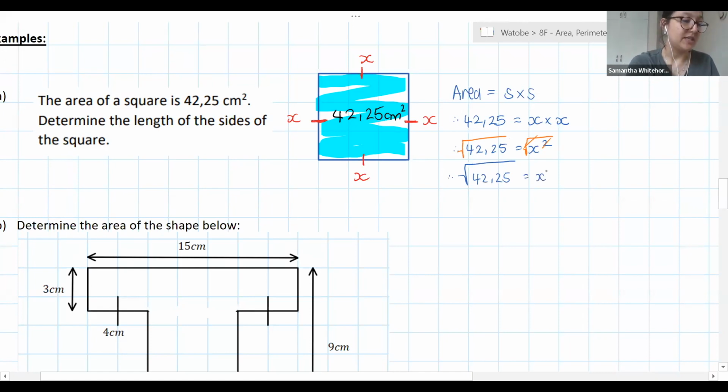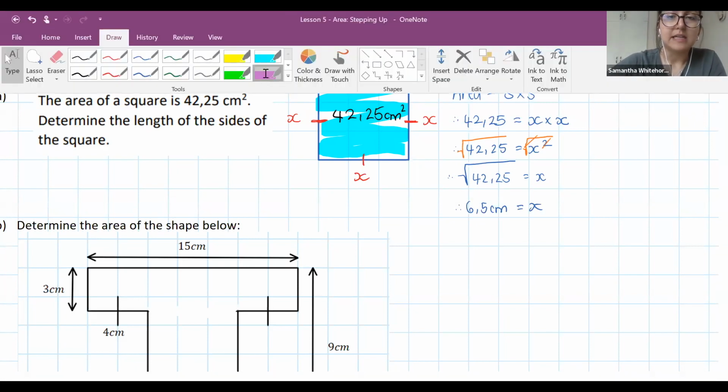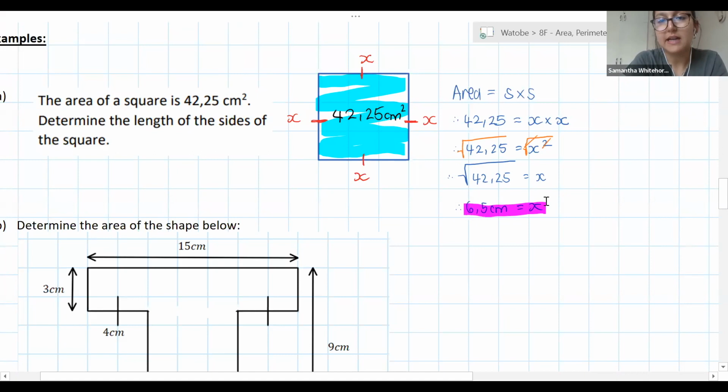So it's going to give me the side length. Now, if I square root 42,25, I get an answer of 6,5 centimeters. And so what this answer is saying to me is that each of these four sides of my square is 6,5 centimeters.